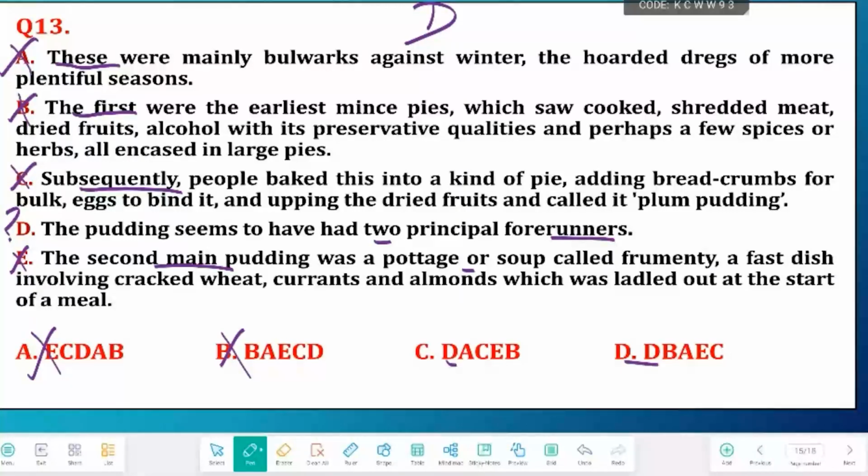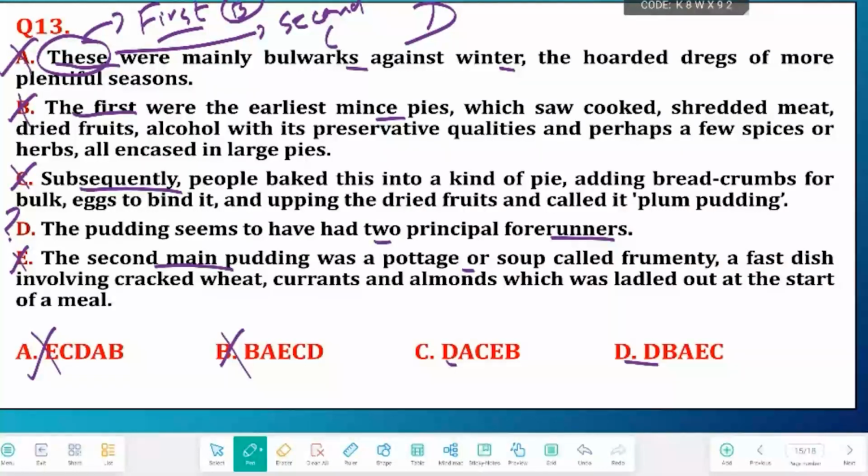The pudding seems to have had two principal forerunners. These were mainly bulwarks against winter. Okay. या ऐसा होगा. The pudding seems to have had two principal forerunners. The first were the earliest mince pies. These मतलब क्या? दोनों. ये these मतलब क्या है? दोनों. First जो यहाँ पर statement B में use किया गया है वो first B, and then this also means second that has been used in statement E. So these is related to the first in statement B and the second in statement E. So our correct sequence will be मतलब D के बाद क्या आएगा तो A आएगा. कि क्या है?